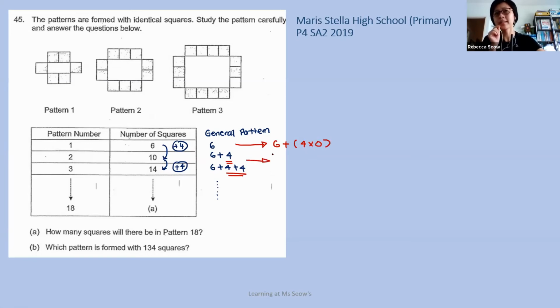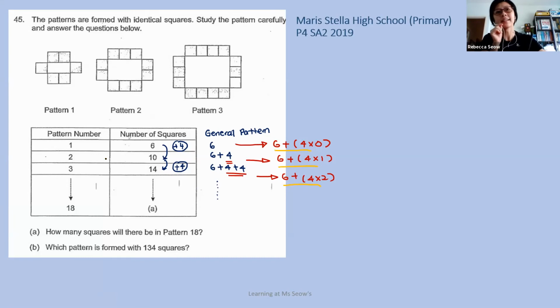The next one will be 6 adding on to the first multiple of 4. And subsequently, 6 plus 4 times 2. So on and so forth. And from here, you can slowly derive a conclusion that 6 plus 4 times seems to be repeating itself.